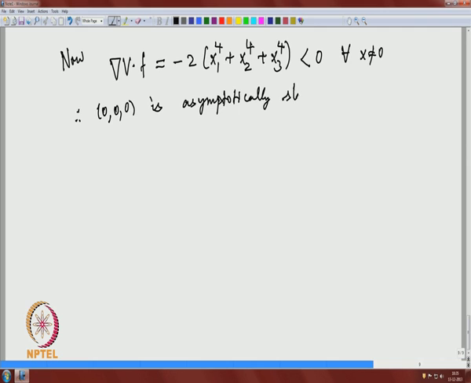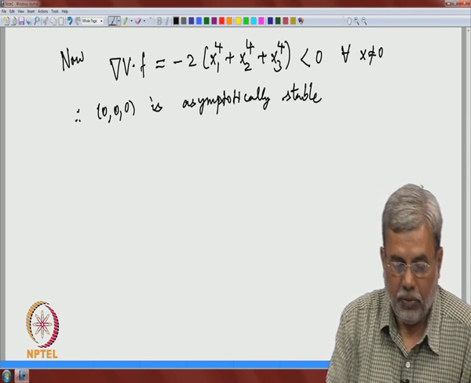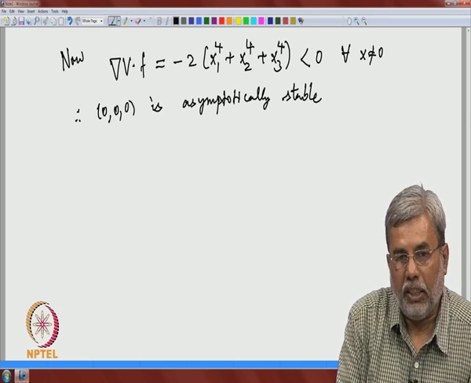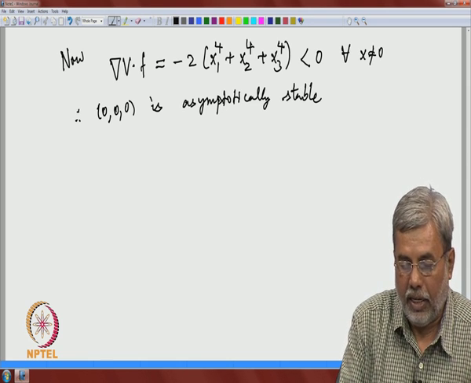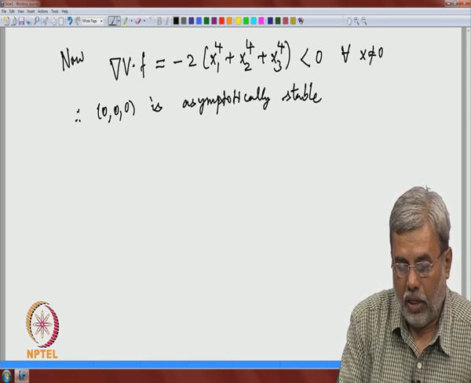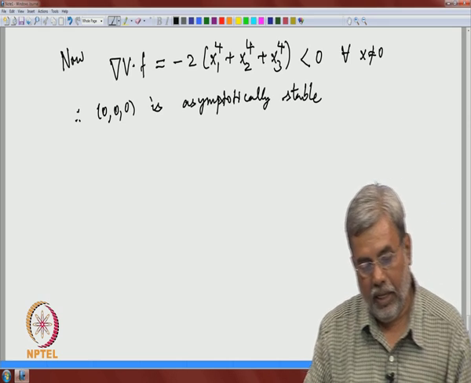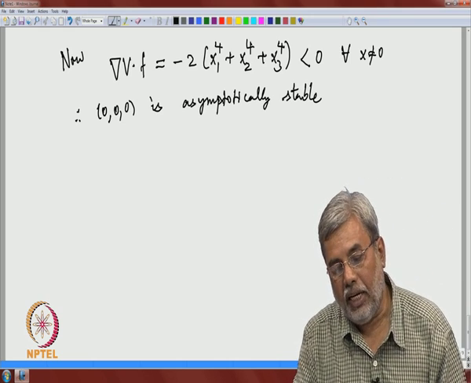You see, just a perturbation of a system can change the nature of the equilibrium point. So, in the previous example it was only stable, but not asymptotically stable, and in this example we have perturbed the system by some cubic nonlinearity, and we now obtain that this origin is asymptotically stable.